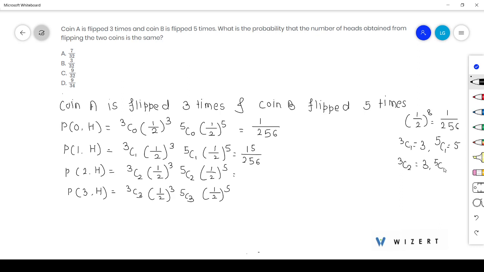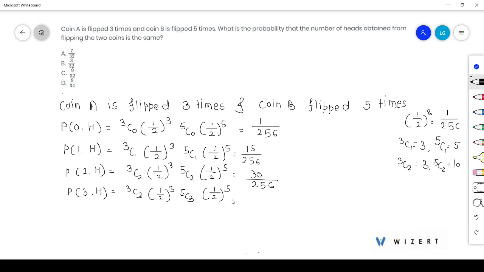And 5C2 means 10, because 5 into 4 into 3 divided by 3 into 2, so we will get 5 into 4 divided by 2. It means 20 by 2 will give 10. So it is 3 into 10, which means 30 divided by 256. Okay.